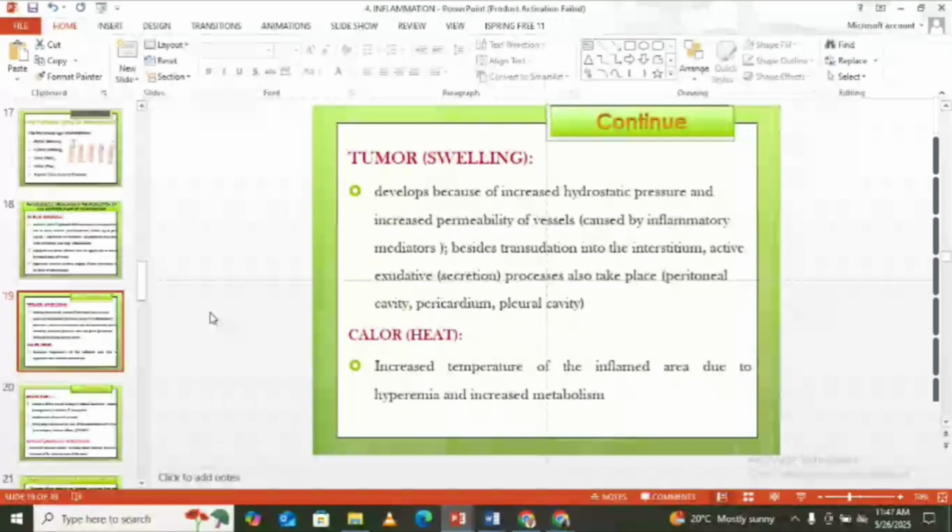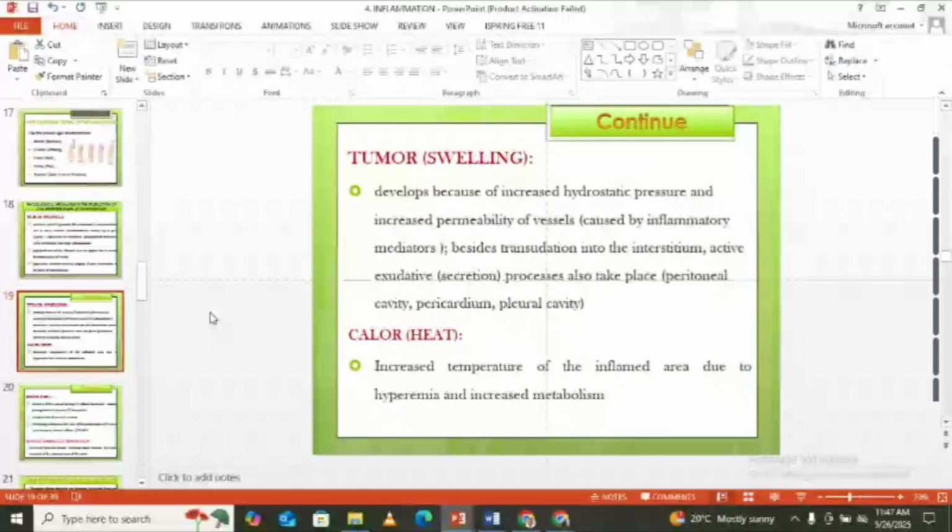The swelling is because of increased hydrostatic pressure and also increased permeability of vessels as a result of inflammatory mediators which are released. And that leads to the formation of exudates, which cause the swelling around that area.